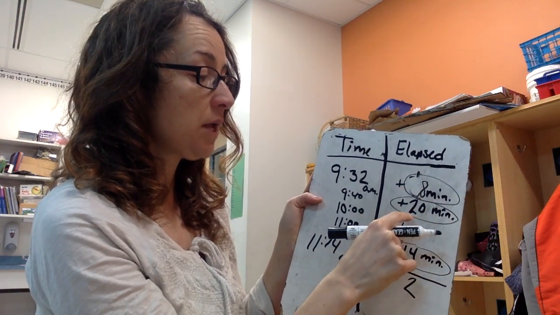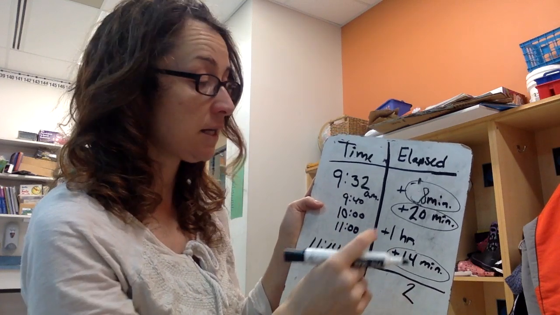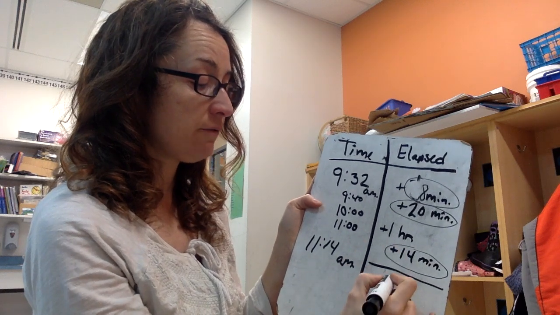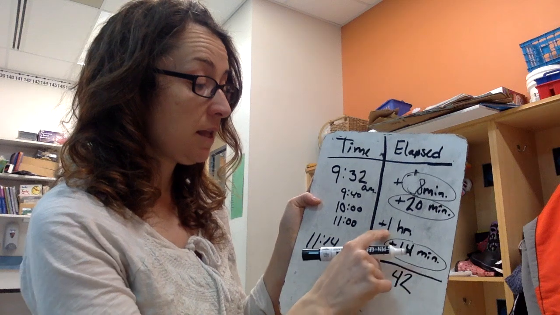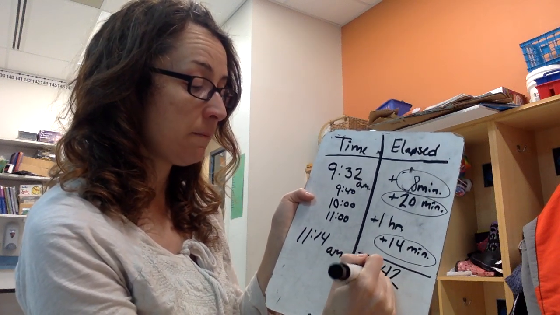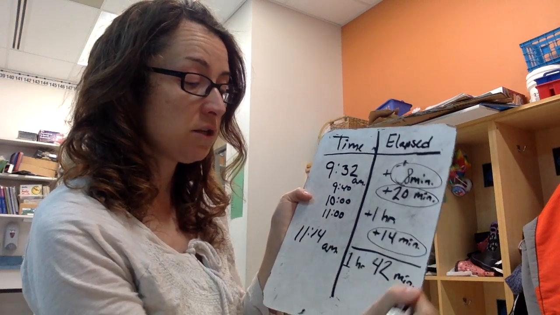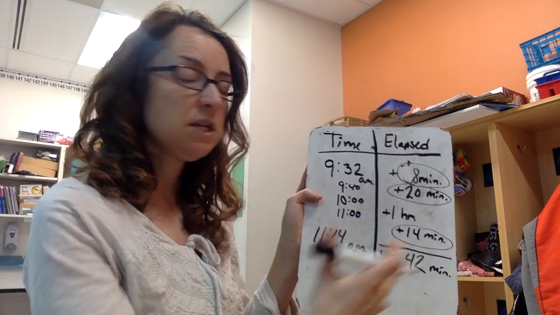So 1 plus 2 plus 1, those are all in my tens place with the 10 minutes here. So 1 plus 2 is 3, plus 1 is 4. So that's 42 minutes right there. And then I have an hour right there. So what I can do is transfer that 1 hour. So I can say that 1 hour and 42 minutes is our elapsed time. And that's how we use a T-chart.